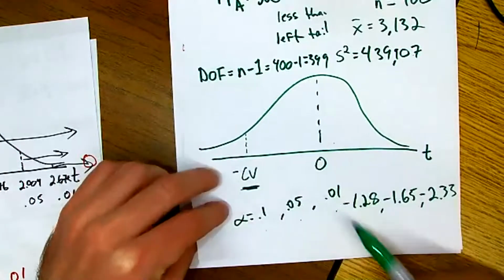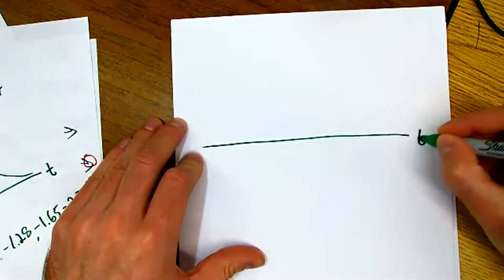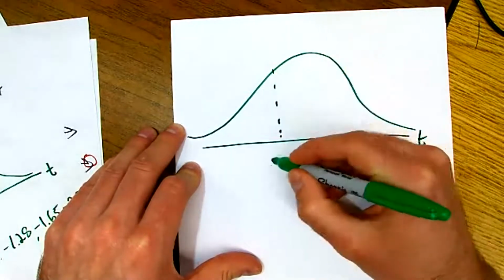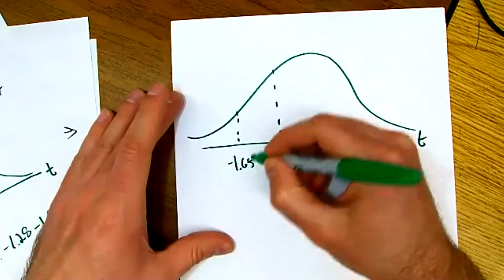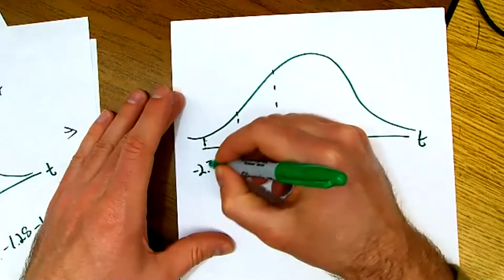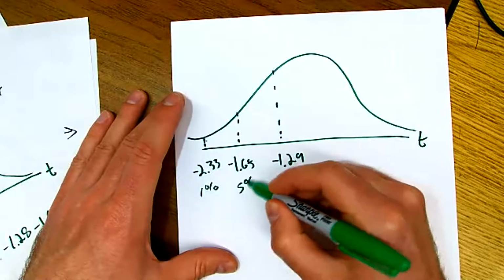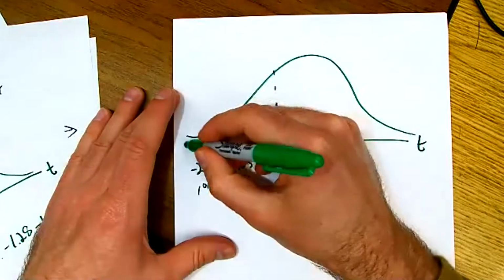So I'm going to redraw this so that we can see our critical values for this left-tailed test will be negative 1.28, negative 1.65, negative 2.33, and these correspond to the 10, 5, and 1% significance levels. Here's our rejection region.